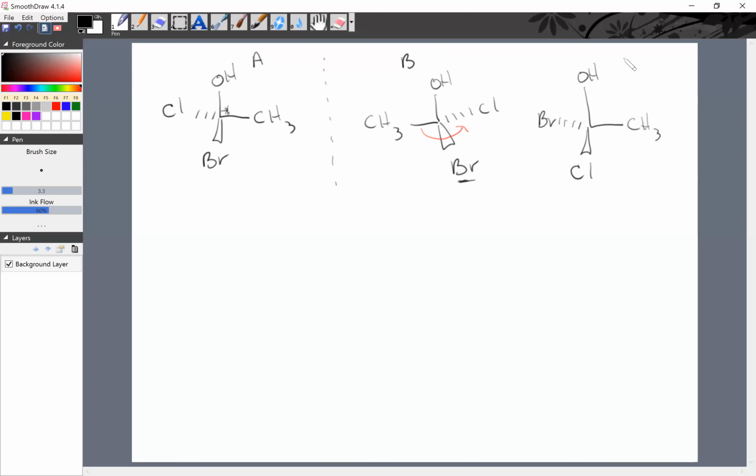Okay, so remember, this is still B. All I've done is rotate it. And now I have two the same. And these two will always be backwards of each other. So if there's four unique groups, there is my second visual for that being a non-superimposable mirror image.